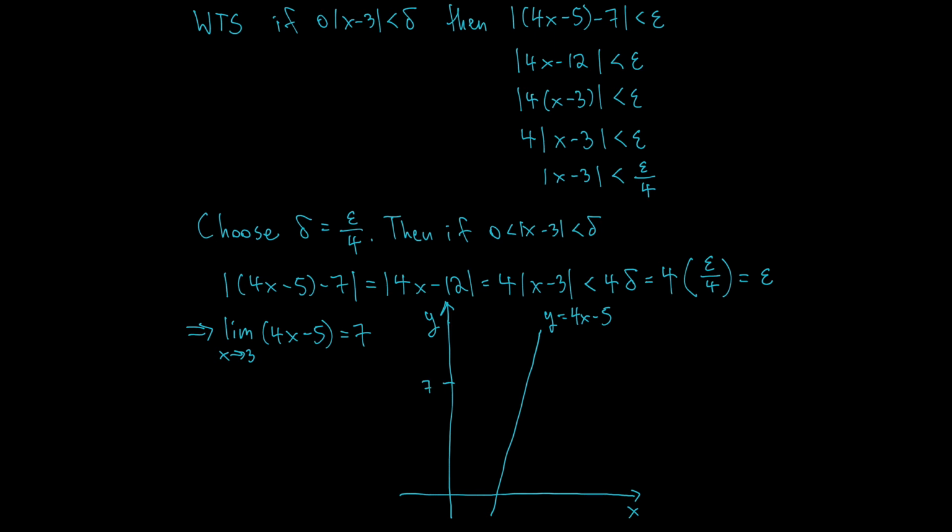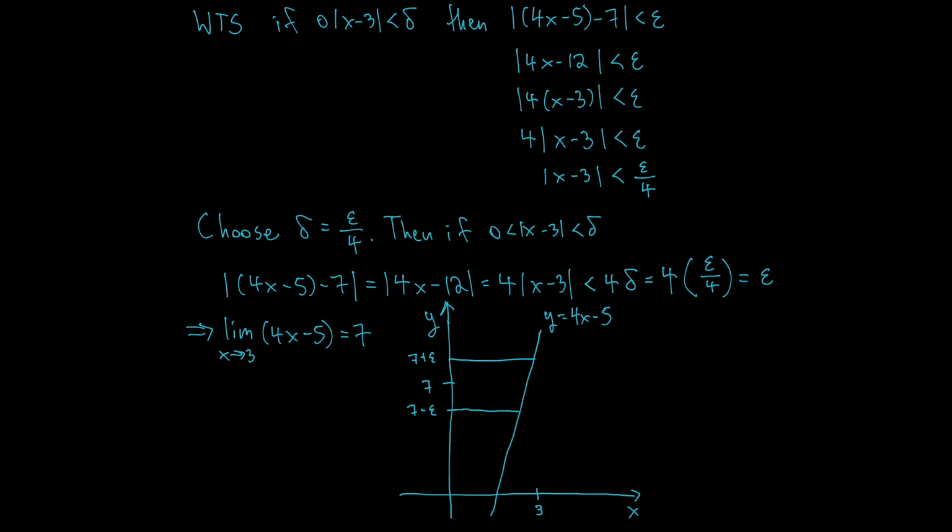We're going above some epsilon value, so here's 7 plus epsilon, and below some epsilon value. We want to find some sort of delta value that will work. So we know that 3 corresponds to 7. f of 3 equals 7.